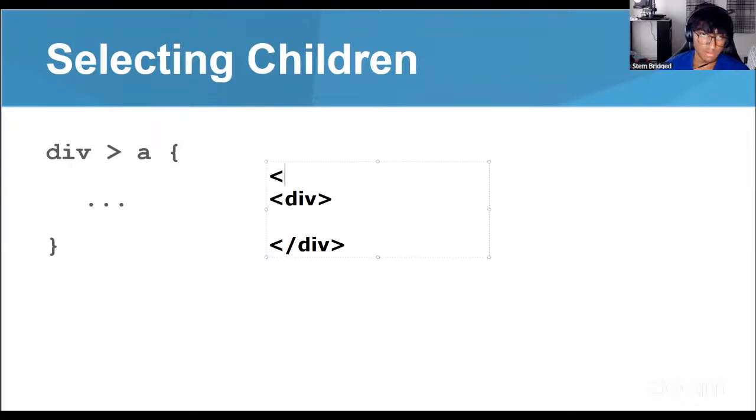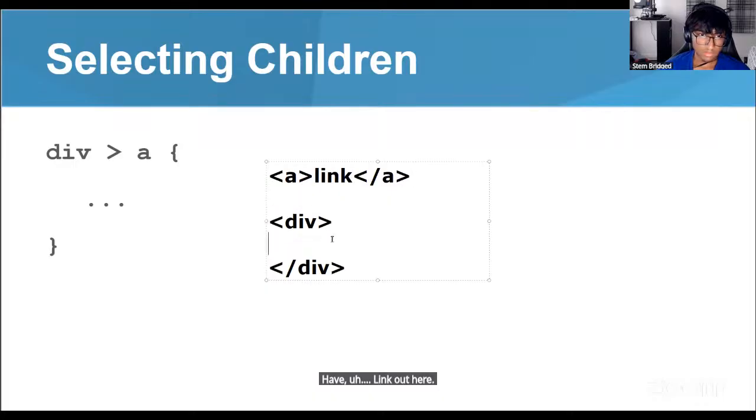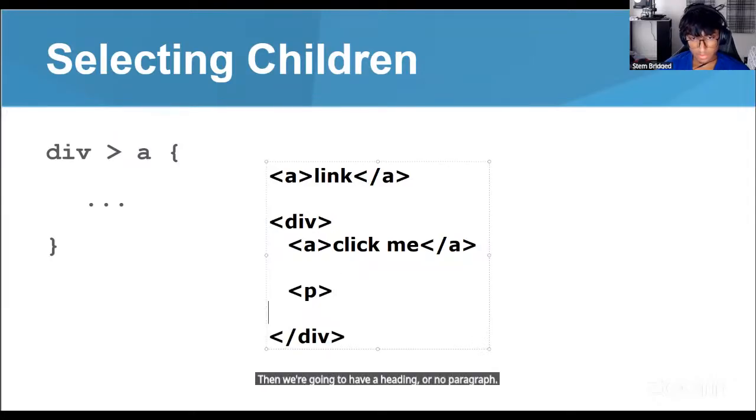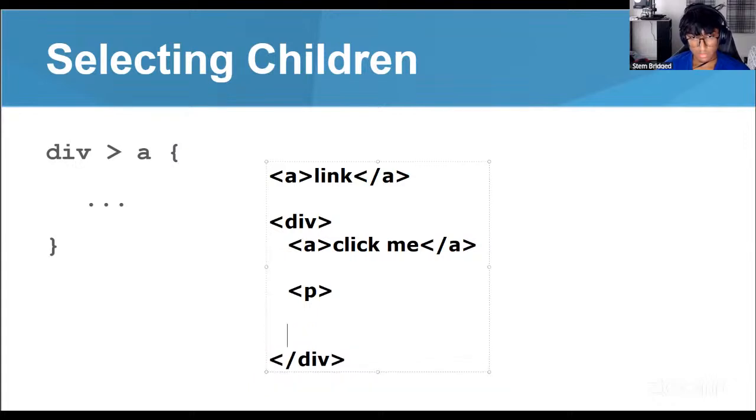Div, have a link out here. Going to have a link here. And then we're going to have a heading, paragraph. And then we're going to have a link here as well.